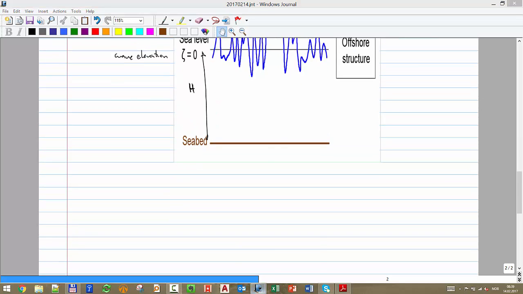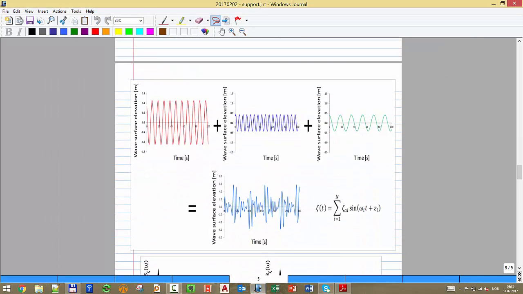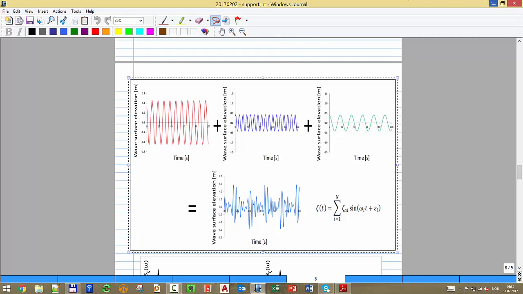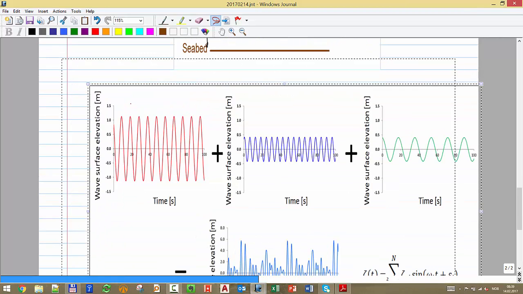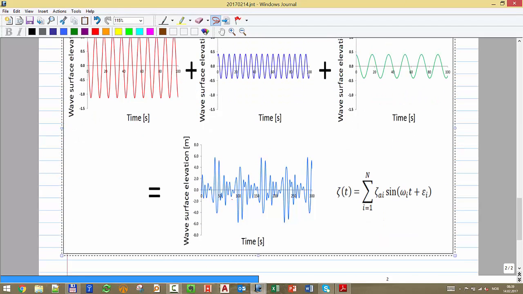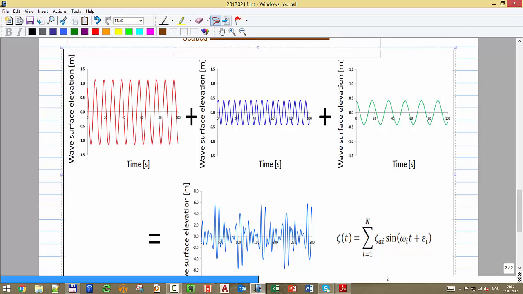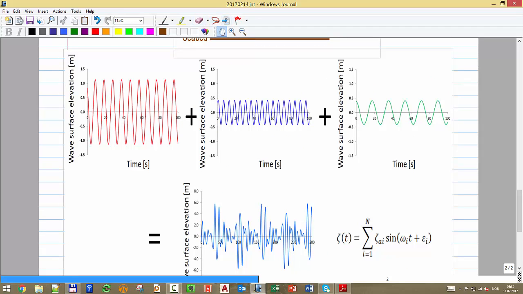Let me just put a figure. Okay. That was what this great mathematician said: if you have a very strange, very complicated signal, at the end you can say that signal is going to be the sum of many different signals, each one with its own amplitude and its own frequency.